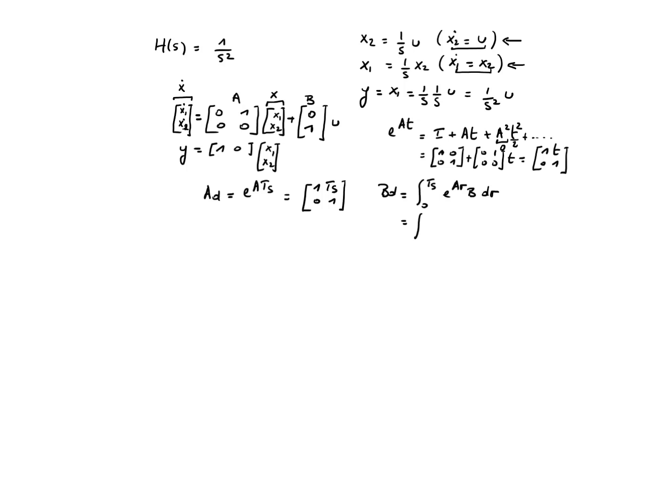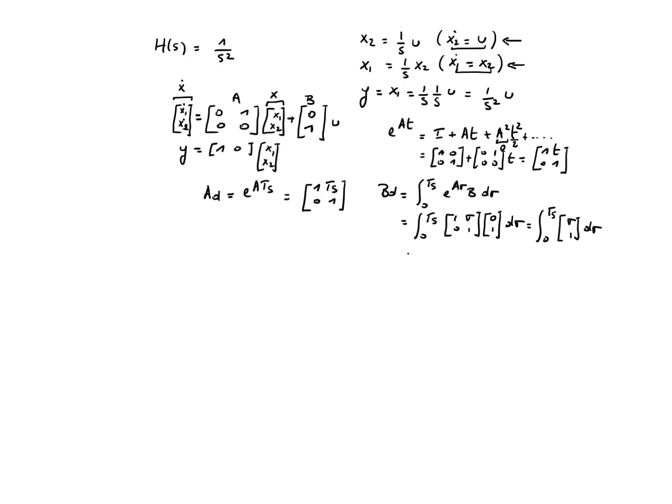So we'll write the integral from 0 to Ts of [1 sigma; 0 1] times B, which is [0; 1], d sigma. So this is the integral from 0 to Ts of [sigma; 1] d sigma.